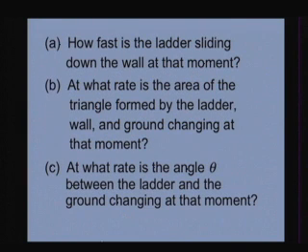A, how fast is the ladder sliding down the wall at that moment? B, at what rate is the area of the triangle formed by the ladder, wall and the ground changing at that moment? And C, at what rate is the angle between the ladder and the ground changing at that moment?